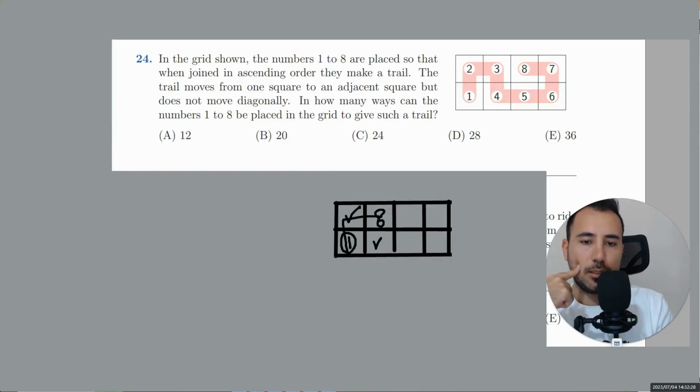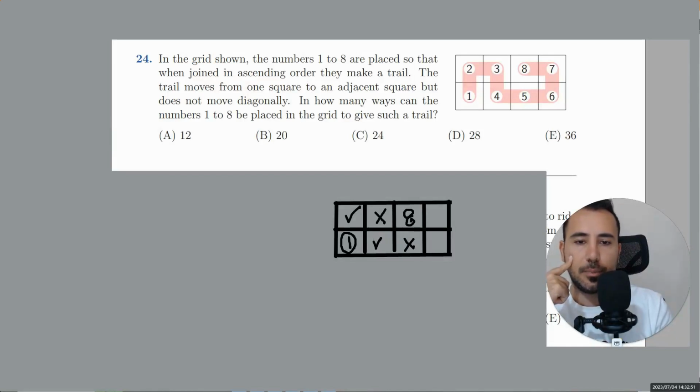If we go like this, I can't. If I go like this, I can't. It would be 7. So this is out. Now, can 8 be here? No. If I go like this, I can't. So 8 cannot be here either.